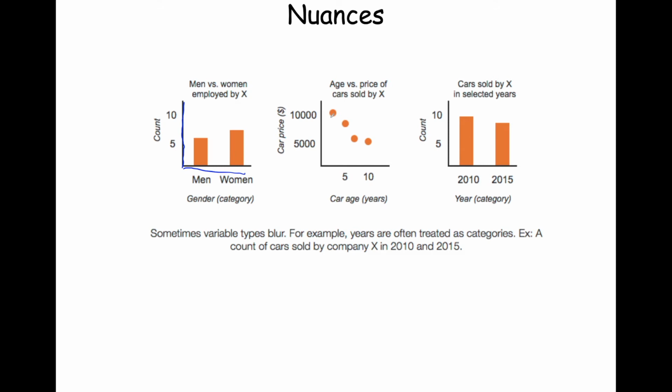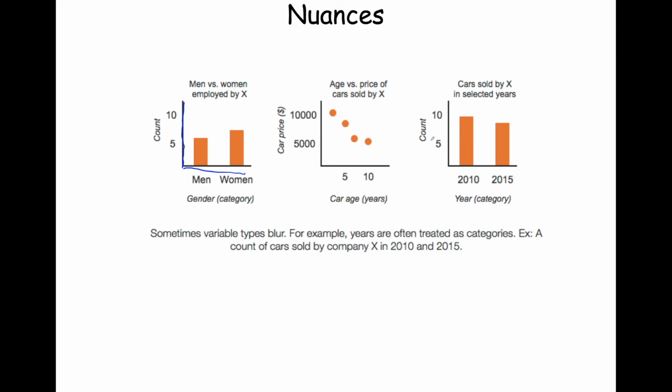So let's take a look at the third frame. In this third frame, we have years. Now, year is a number, and you think they're quantitative and they're discrete. But if we look at how it's used, they're used like categories. The year 2010 is a category, the year 2015. They're not being used as numerical values. And then we also have their counts.